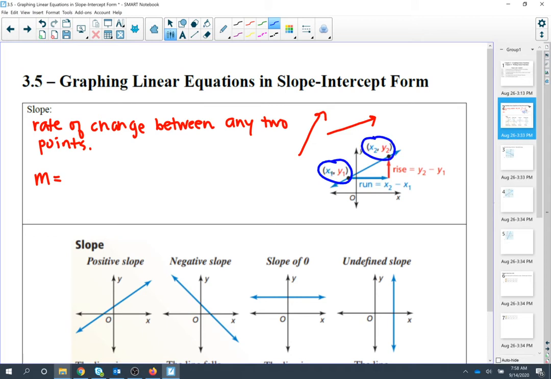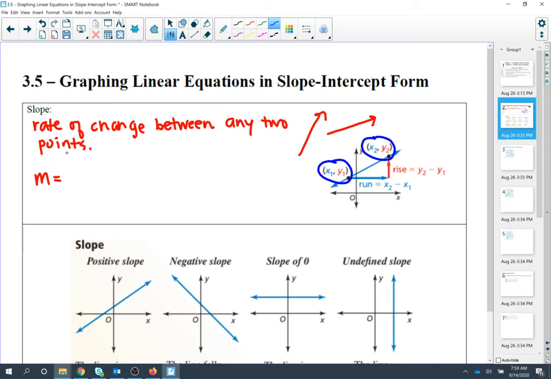Now, all these little sub things mean is that x, y, 1, 1, that's your first point. Other than that, they don't mean anything. x, y, 2, 2, that's your second point. Otherwise, they really don't mean anything. As long as you're consistent with your order, these 1s and 2s really don't mean much. So don't let it confuse you.